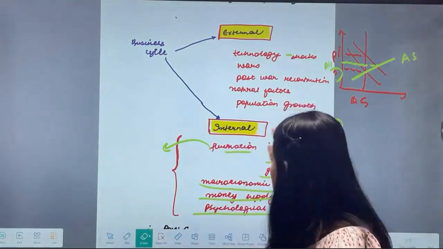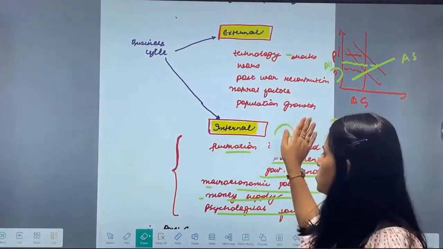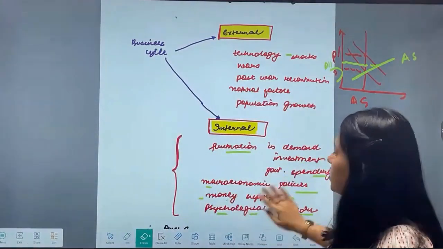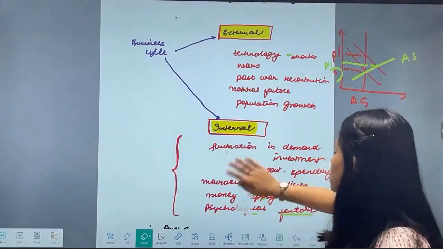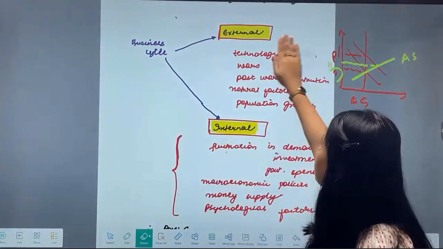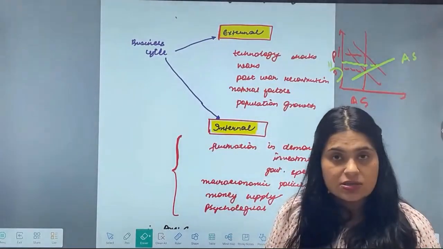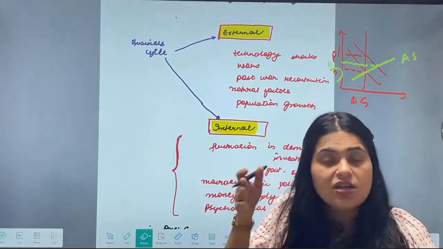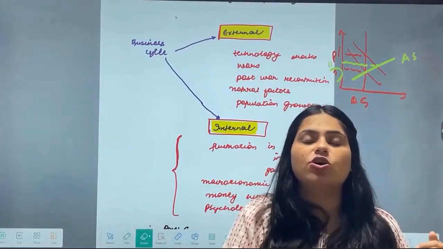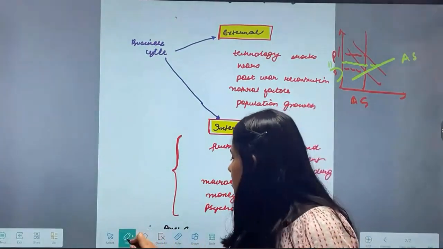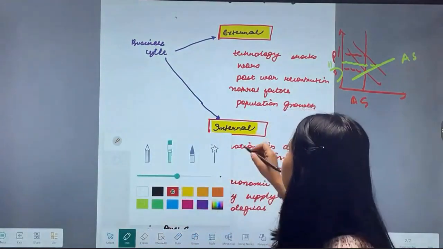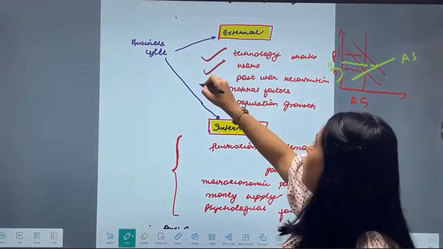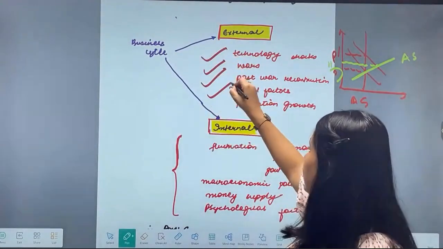But what are the exogenous factors? What are determined outside the model? The most important one is technological shocks. That is an outside factor. Wars, situations like COVID-19, all these are external factors which affect your business cycle. So what are the external factors that I have? Technology, war, post-war recovery, natural factors.